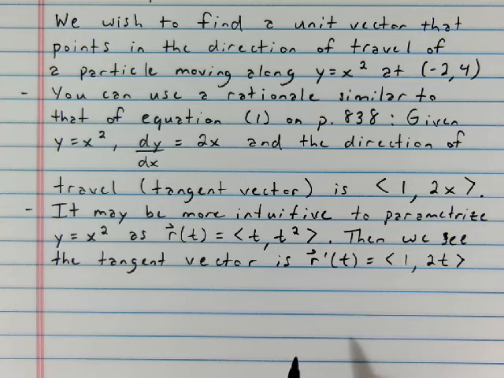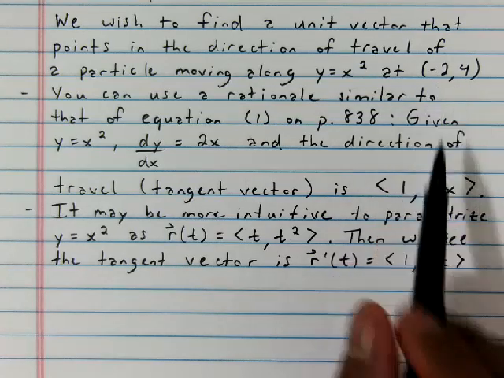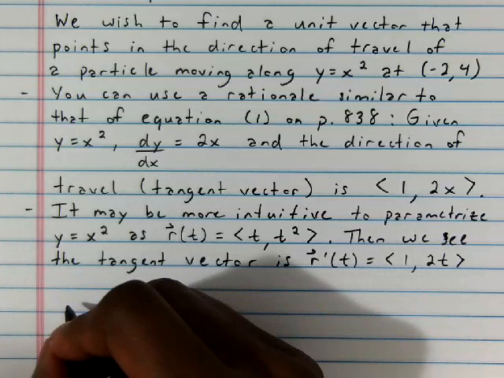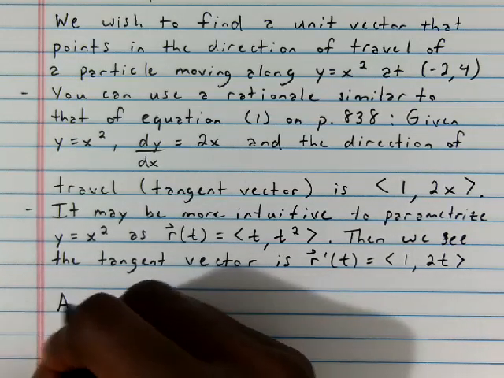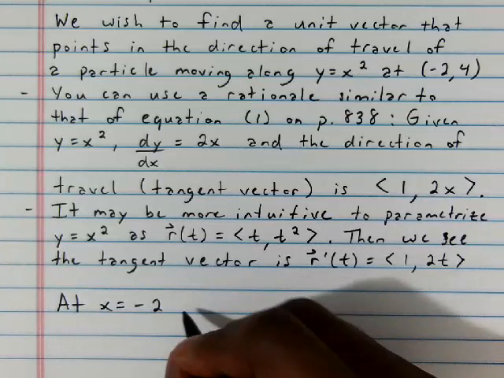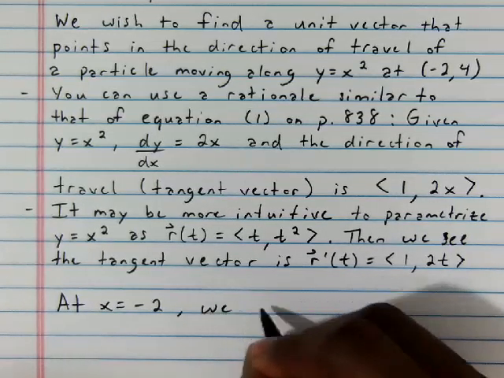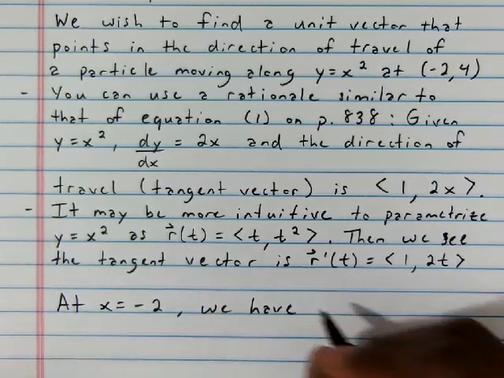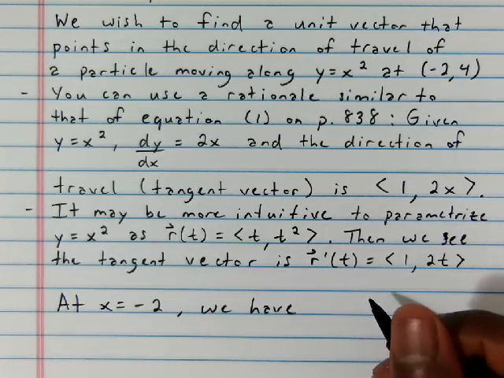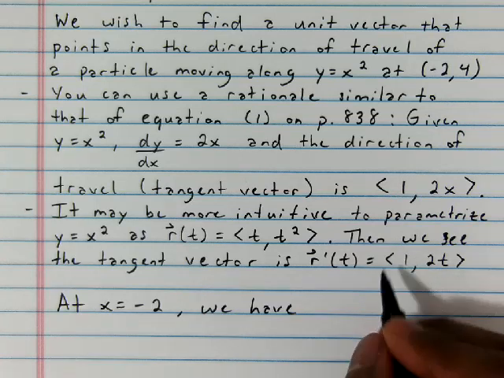All right, so now we need the tangent vector at our point x equals -2 or t equals -2, whichever way you want to look at it. So at x equals -2, this is going to give us a vector that points in the direction of travel at that particular point.